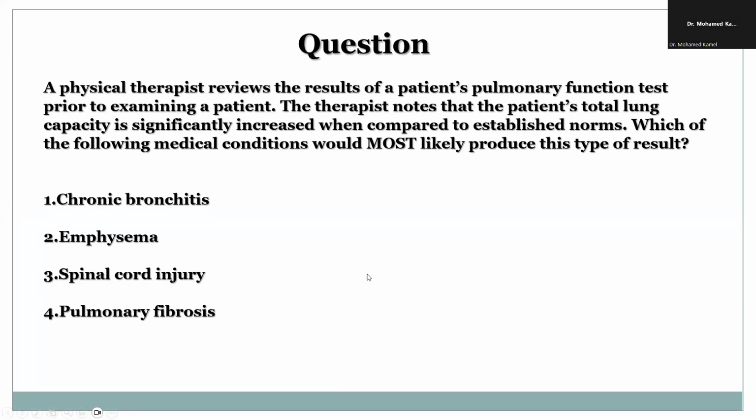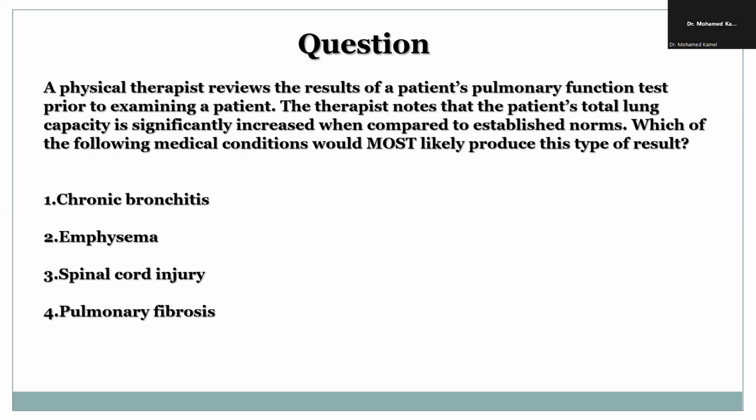We have two main categories of pulmonary diseases we are dealing with: restrictive lung diseases or obstructive lung diseases. And besides our physical examination, which we do for those patients, sometimes we need to look at the pulmonary function test results in order to know if the lung capacities and lung volumes are within normal limits or outside of these normal limits.